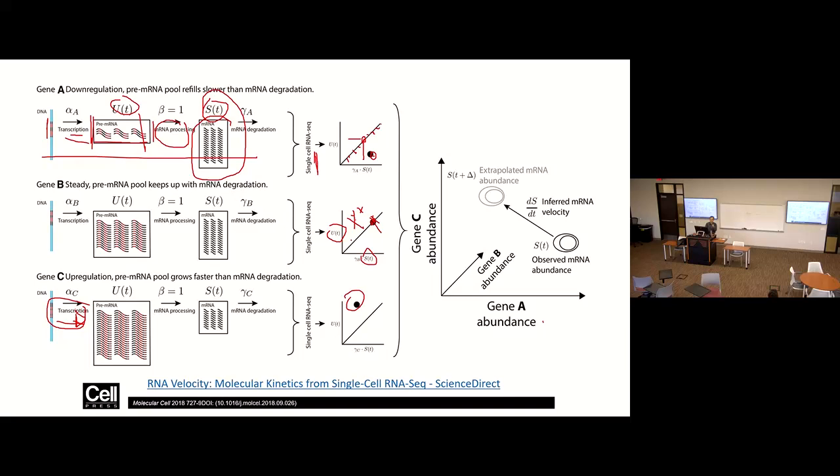So you can put your cells in this space. If the majority of cells is located in this place, for that population of cells, for that given gene, it's upregulating that gene, okay? Because of the shift of the location of this distribution.